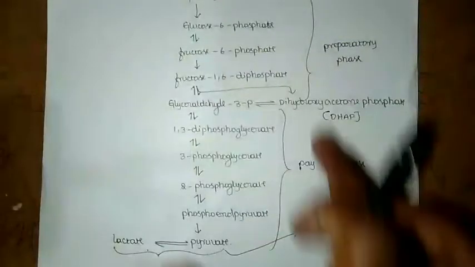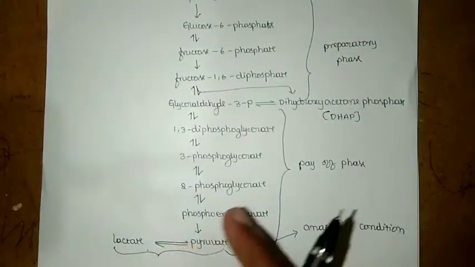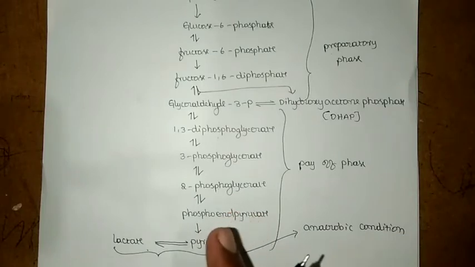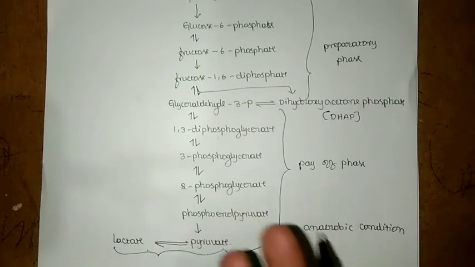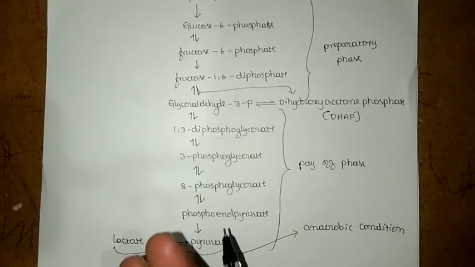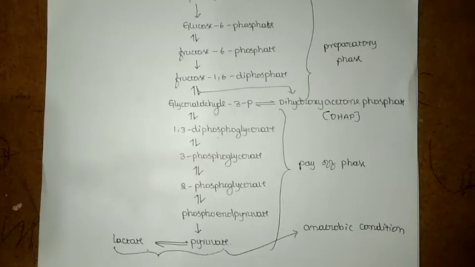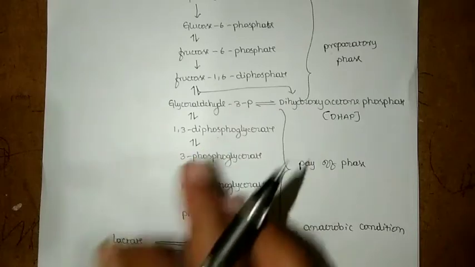So if you remember this flowchart for the EMP pathway of glycolysis, then it will be easier for us to write down the detailed reactions for the EMP pathway of glycolysis. And do remember, we said each and every reaction of glycolysis is catalyzed by specific enzymes.